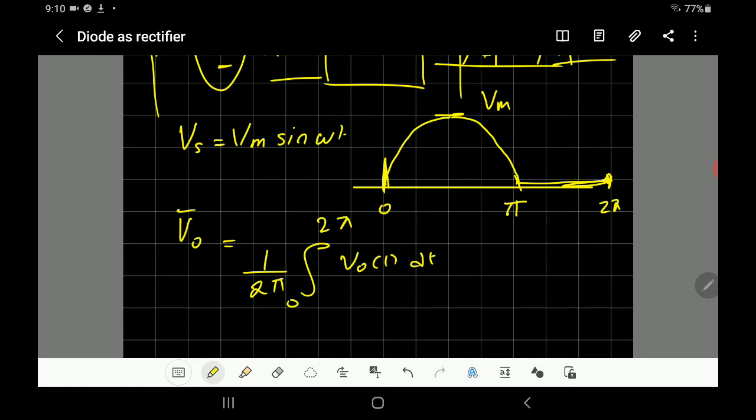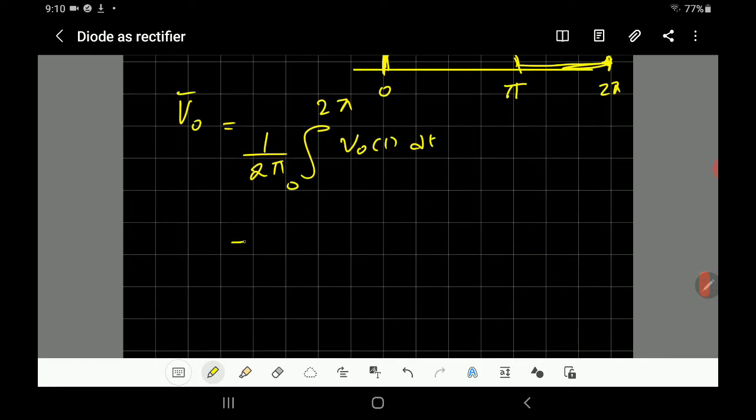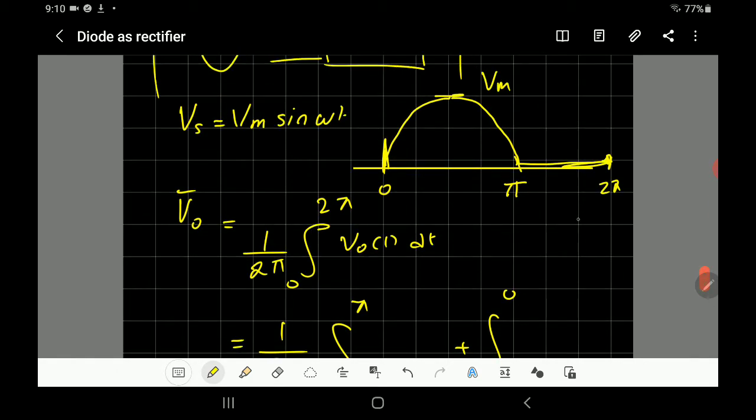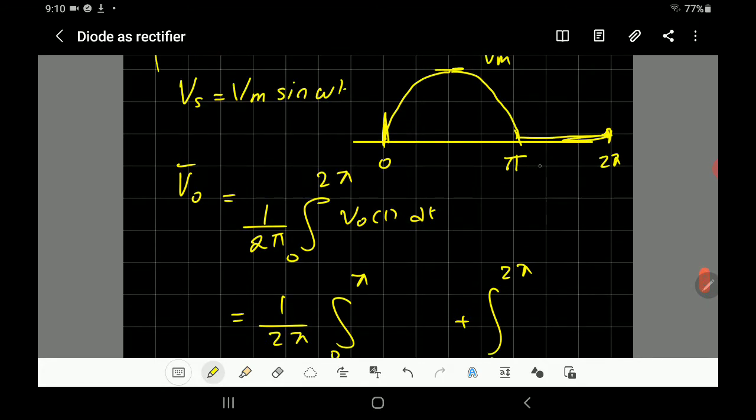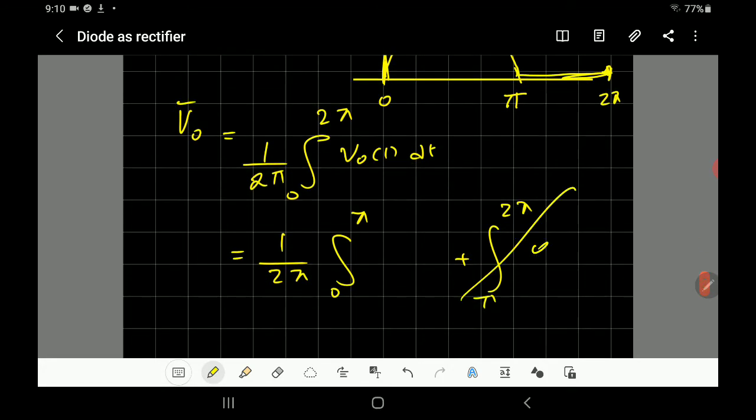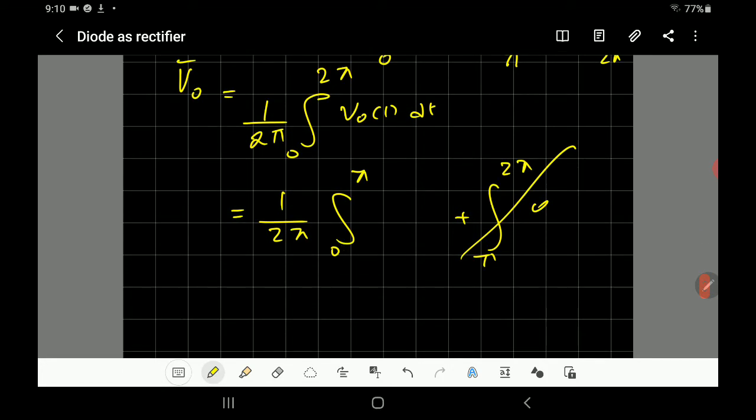That's the rule to find the average. So it will be equal to 1 over 2 pi, integrated from 0 to pi. From pi to 2 pi the output is 0, so you don't have that integration, and you have only from 0 to pi.